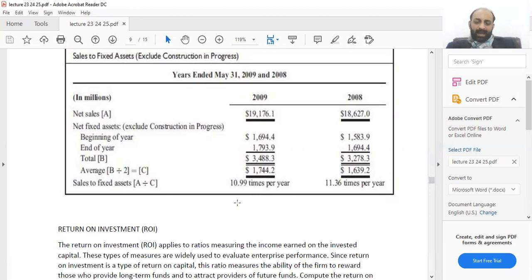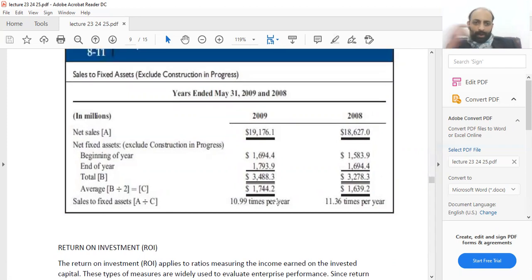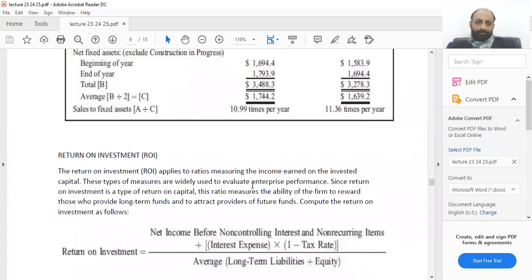What it means is that, for the total assets you had, you were able to generate sales at the ratio of 10.99. And similarly, in 2008, the ratio was 11.36 times. You were able to generate sales using the average fixed assets that your company had.